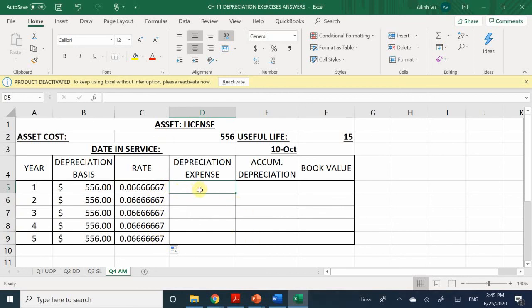All right. So, what is the depreciation expense for the first year? Rate times basis divided by 3. Because you have to take the month of October.